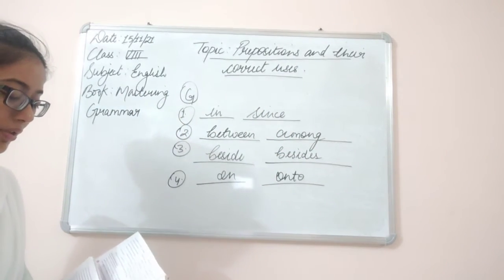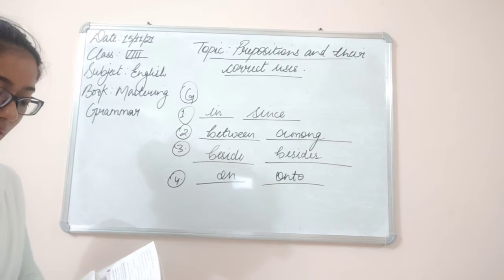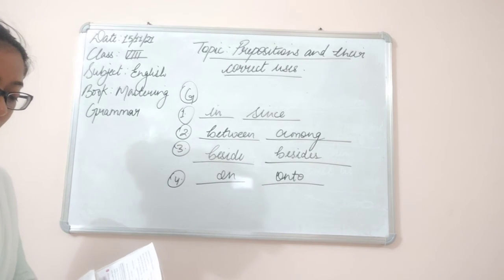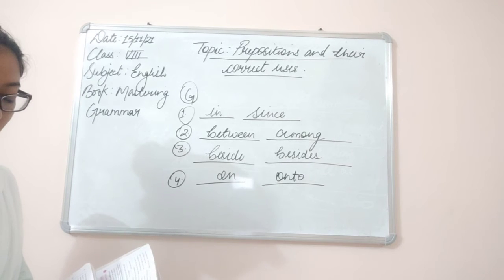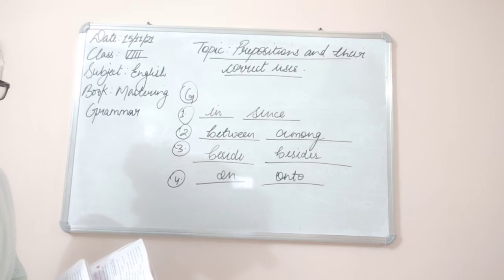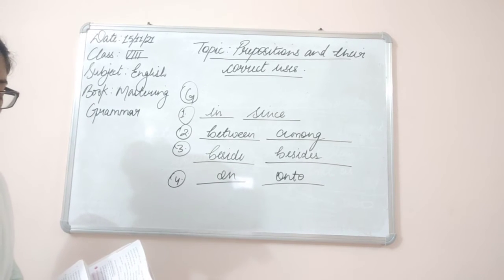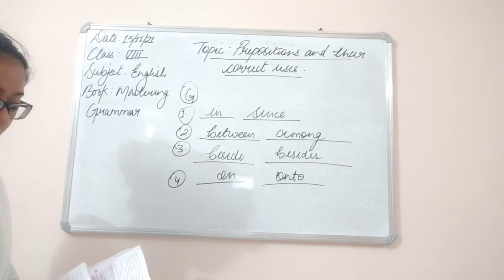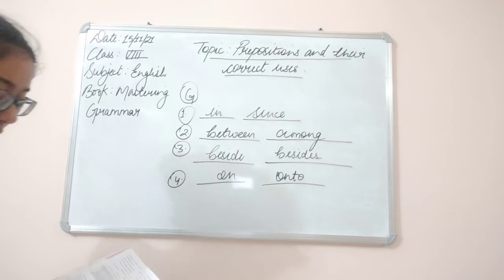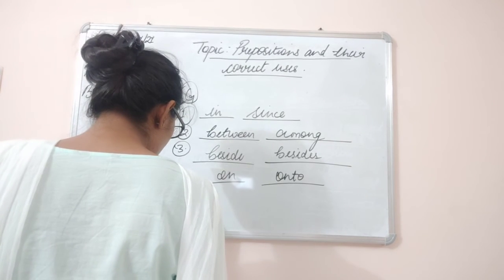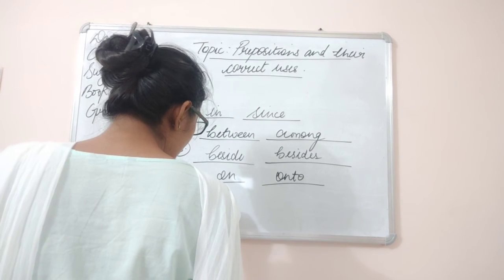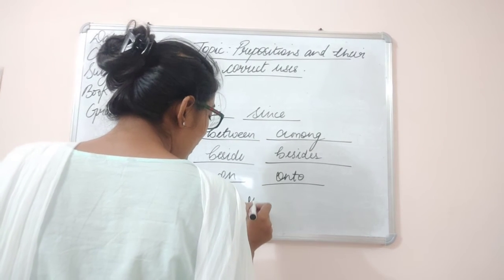And the last sentence of this exercise is, the cook had kept the mixture dash the bowl and put it dash the oven. The cook has kept the mixture in the bowl and put it into the oven. In and into.